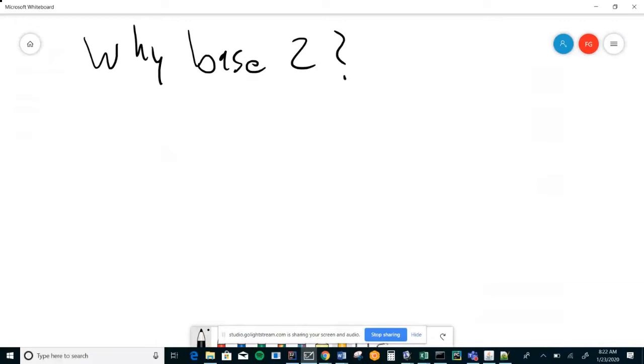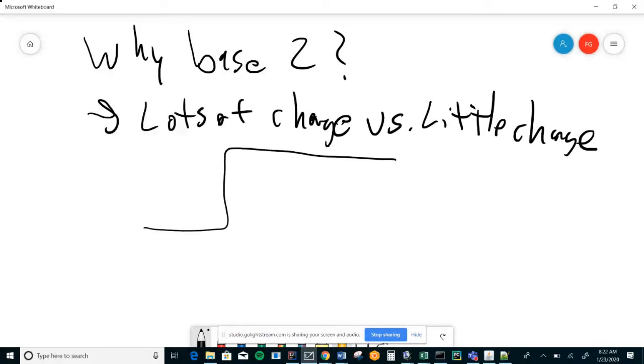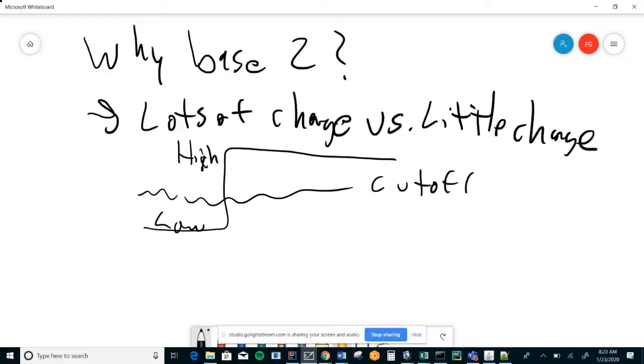The reason we go with base 2 is because of the physical convenience of distinguishing lots of charge versus little charge. That is, if you can imagine different levels of current coming into a circuit, so we could envision there's kind of a low level down here, a high level up here, and then we've got some kind of a cutoff or a threshold here in the middle.